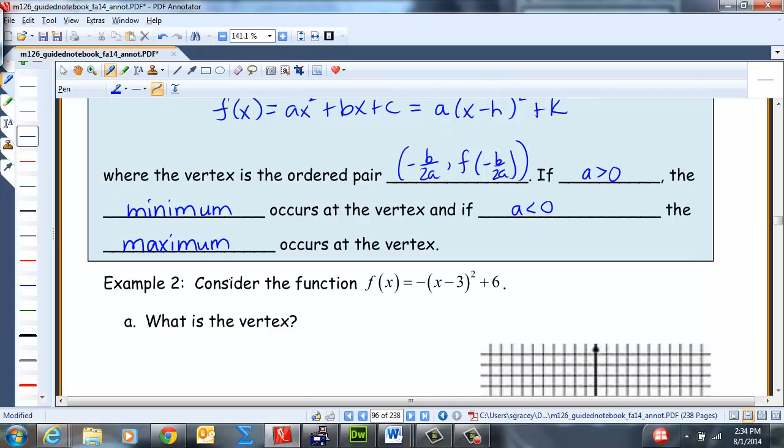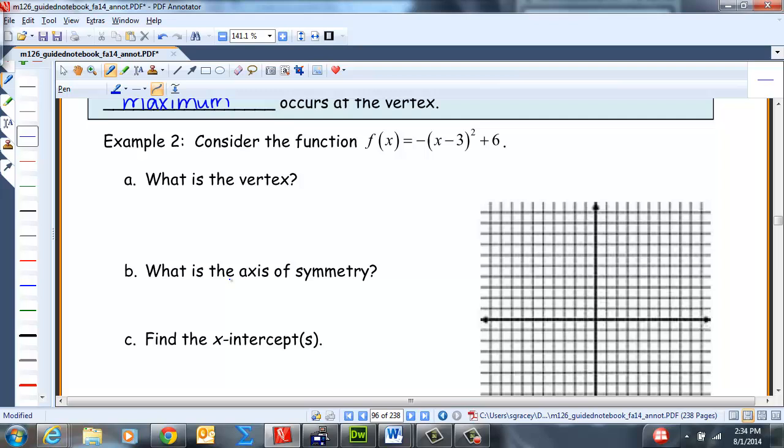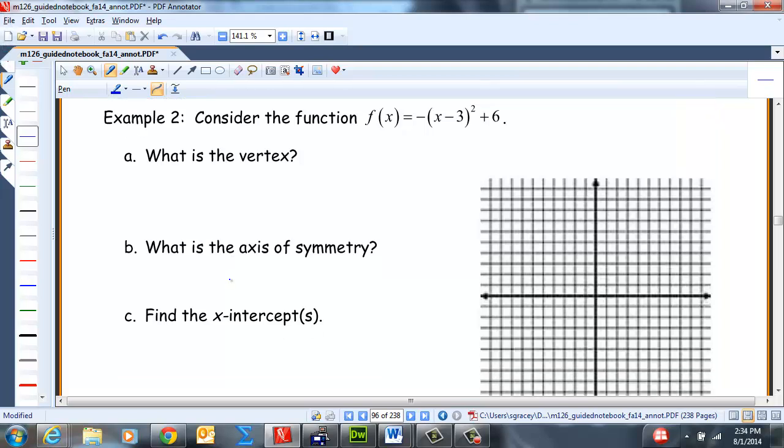All right, so here we go. Consider this function. It's already in that format for us, right? Because remember that general form, which you want to remember, is a times the quantity x minus h, squared, plus k. So a is negative 1, h is 3, and k is 6.